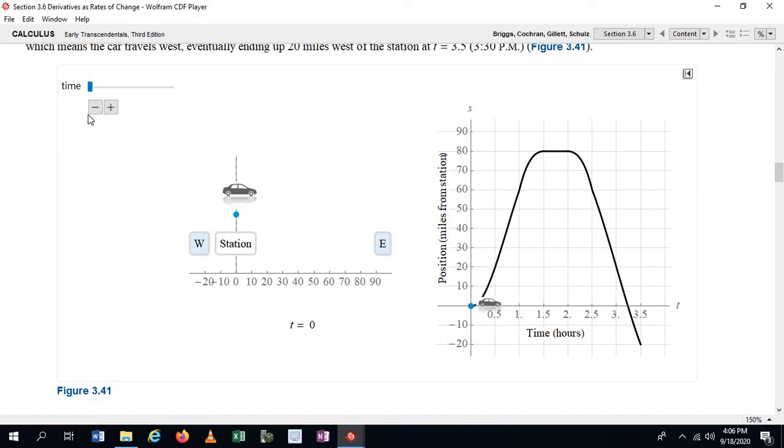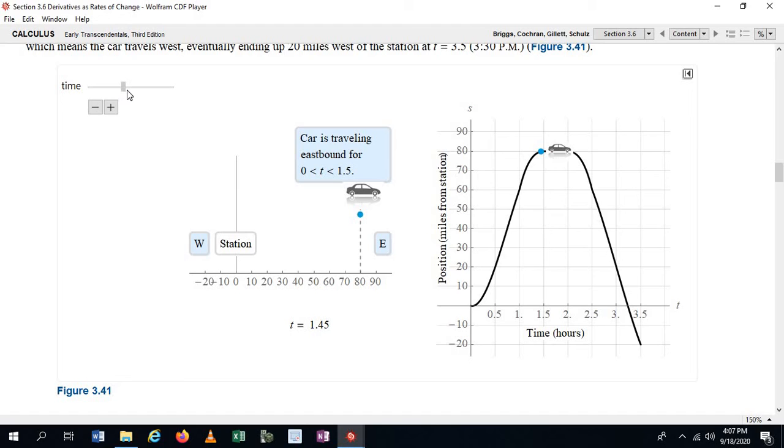So this diagram may help. So here's the police car traveling east until it reaches a position of 80. Now remember, this is one-dimensional motion. So this car is only moving in the horizontal direction. Okay, so initially it starts off heading east until it reaches the 80 mark on the number line.